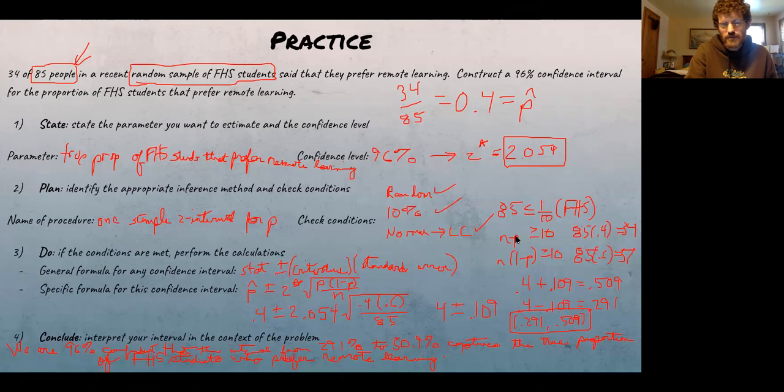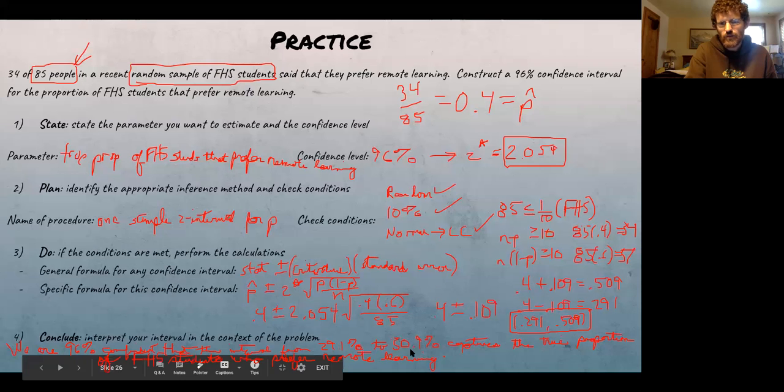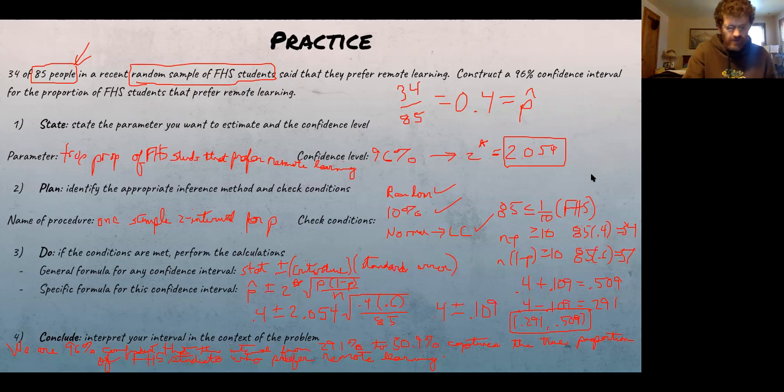I made these numbers up, so it's not based on anything, but according to this made up survey, there could still theoretically be a majority of FHS students who prefer remote learning, because it's within the 96% confidence interval. So that's one takeaway from this. And if that doesn't make sense, maybe you can stick around, we can ask some questions.